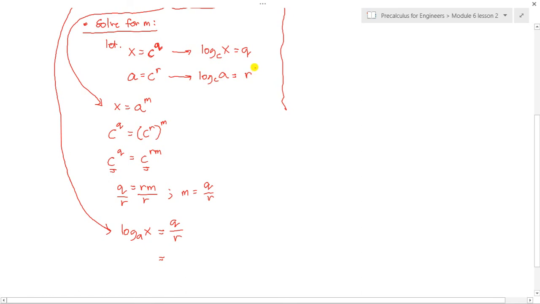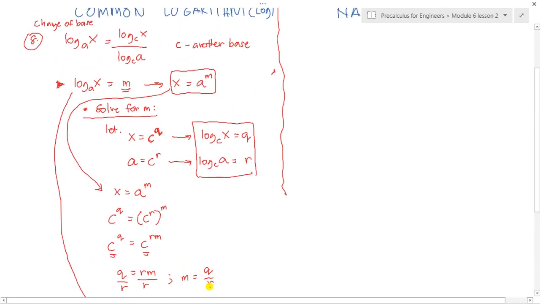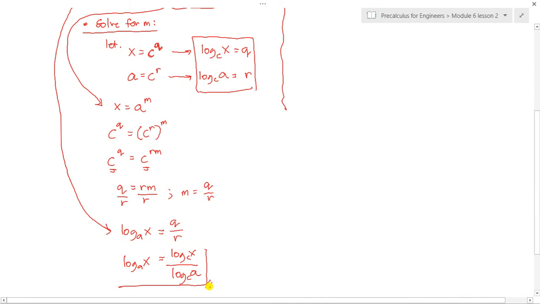We already let q equal to log of x to the base c, all over r, which is log of a to the base c. So therefore, this is the change of base if you're given a certain logarithm. That is the result. So we have proved the 7th, the 8th property of the logarithm.